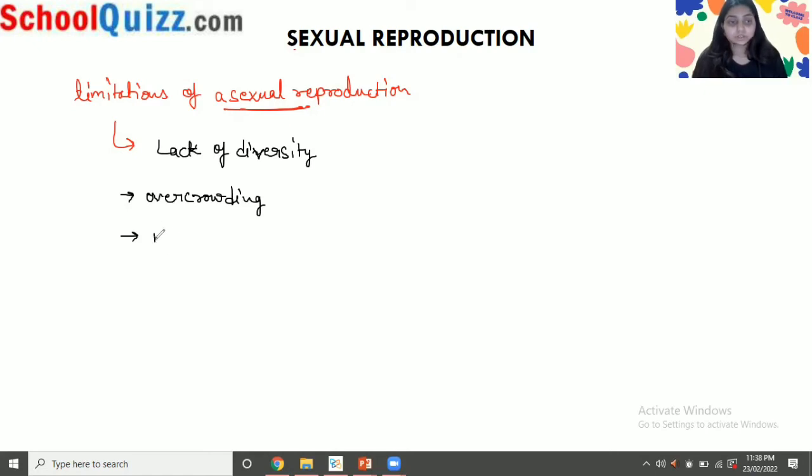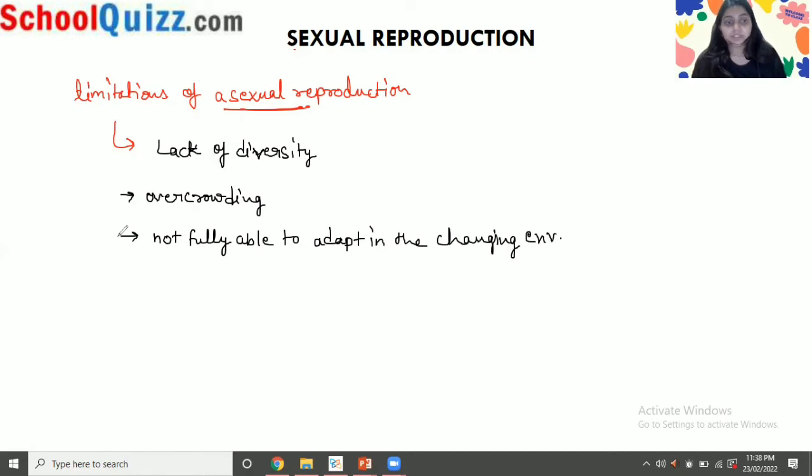Number third, not fully able to adapt in the changing environment. You can see if there are no variations according to the environment, how can they survive in the environment? That's why this point says so.